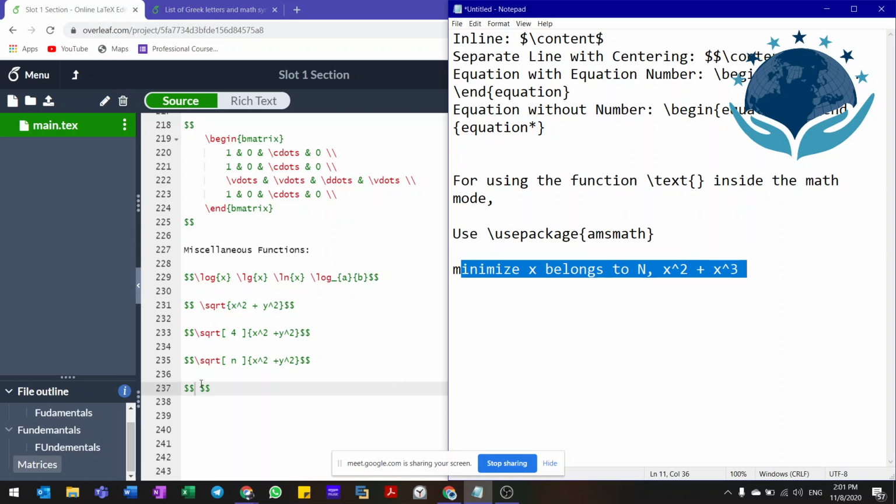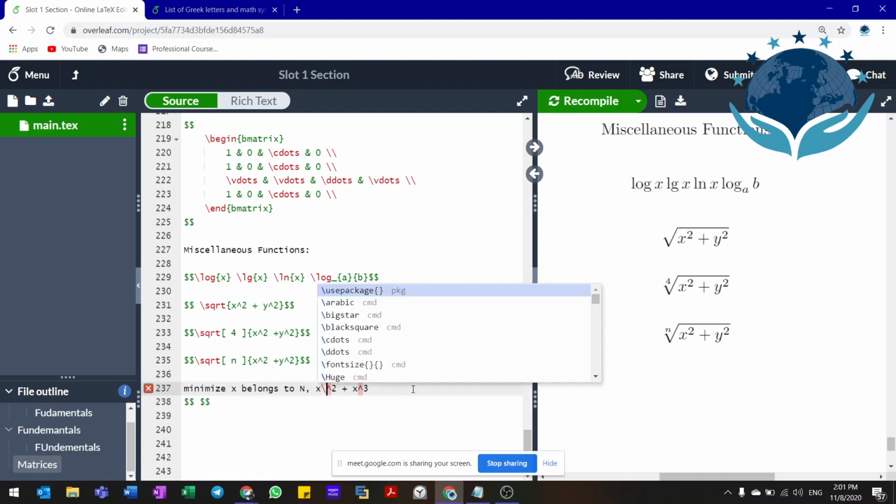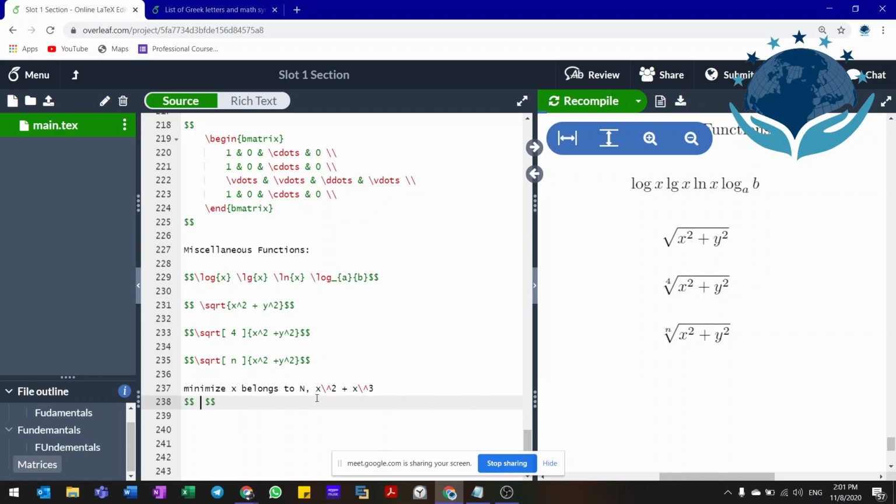You have to write it, so I can copy here and paste it here. As I told already, for the special characters, you have to use the slash. Now you have to display this minimization function.